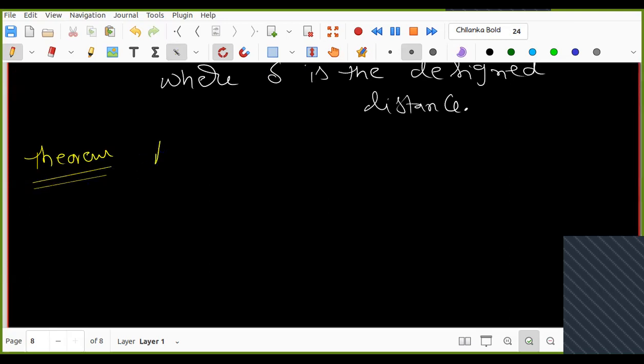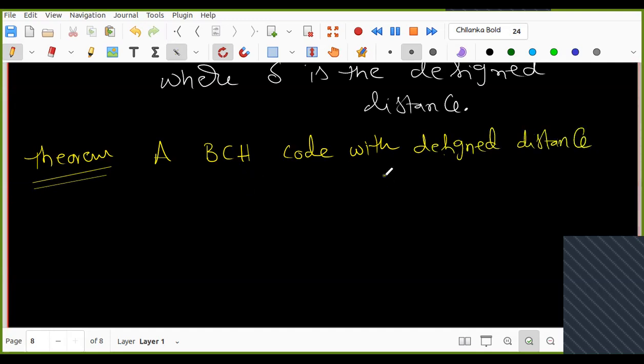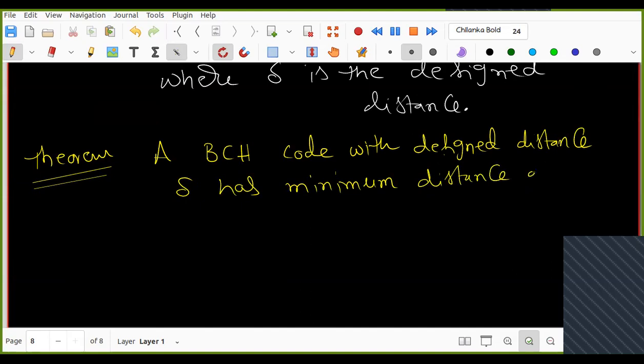The theorem says that a BCH code with designated distance, some people call it designated, some people call it design distance, a BCH code with design distance delta has minimum distance at least delta.